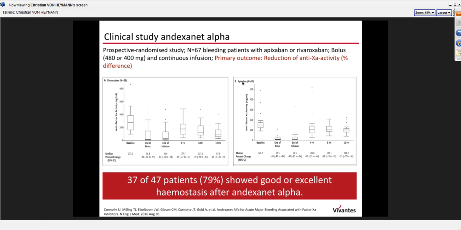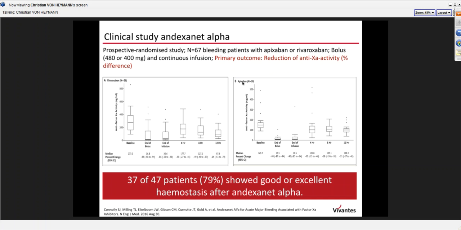But especially for apixaban, which is marketed under the brand name Eliquis in Europe, we know that this drug does not influence the PT or PT ratio or APTT very much, so you can have normal APTT and PT values while the patient has taken the drug 5 to 6 hours ago.